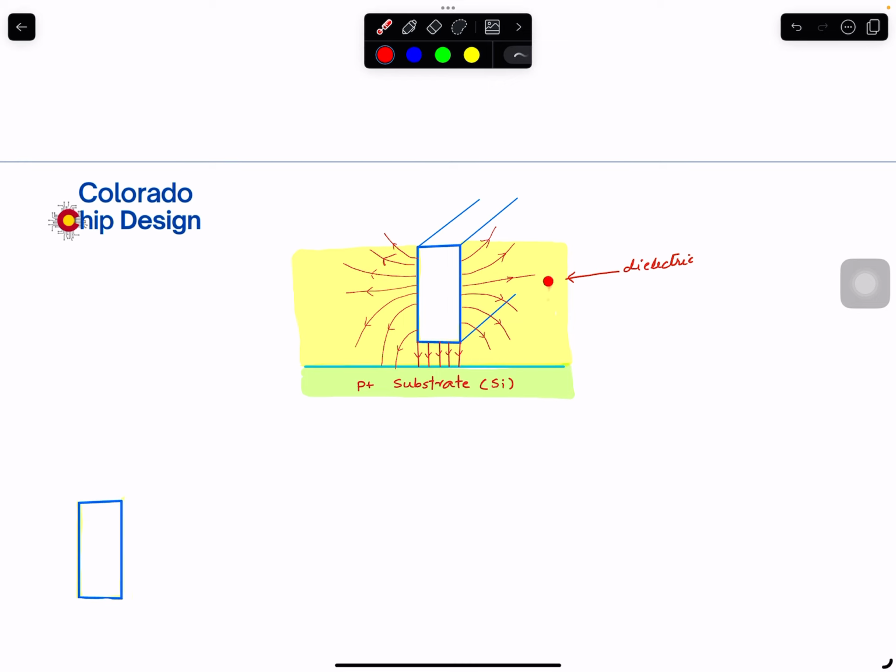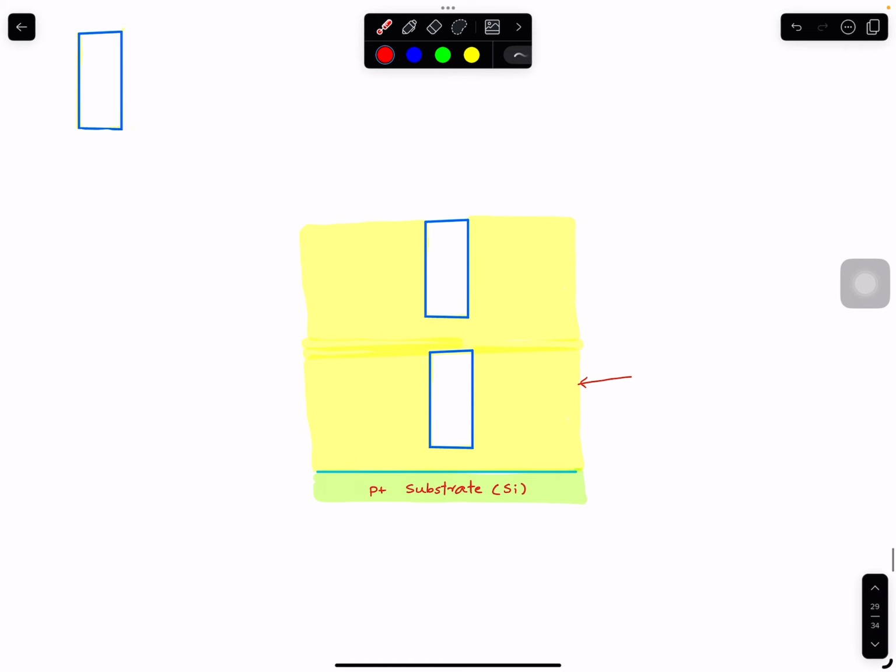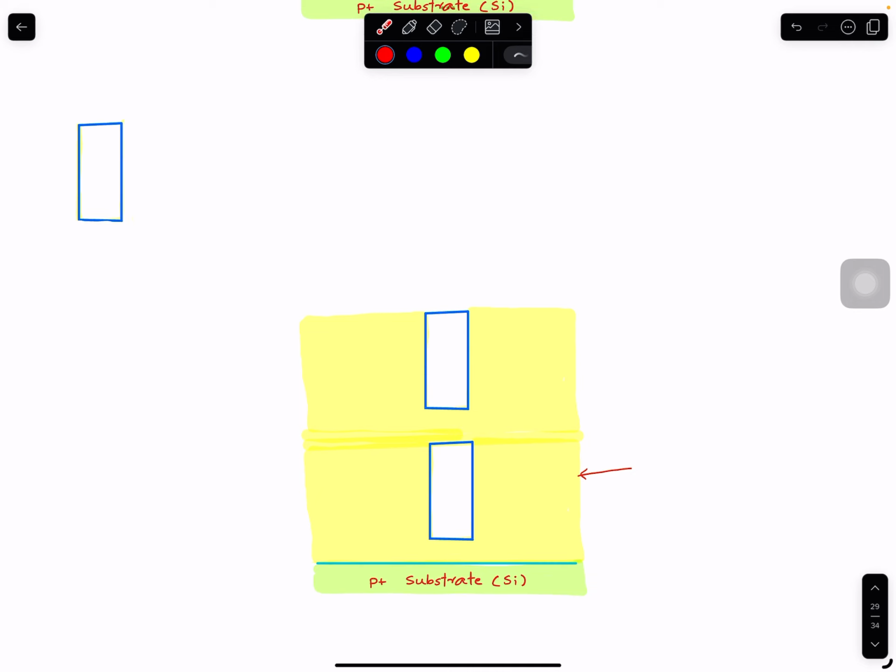Again, I put the same figure. There's a dielectric, the yellow. The bottom is the substrate, and this is the metal. But as I explained before, I think I need to draw a few things here. So we have a metal, but there is another metal on top of it, the next metal. Let's say this is metal 1 and there's a metal 2 there. Now think of this as ground.